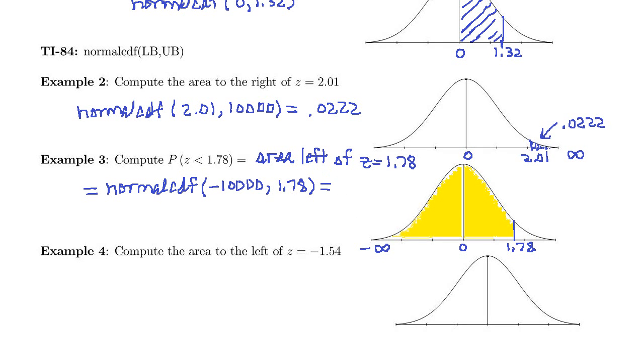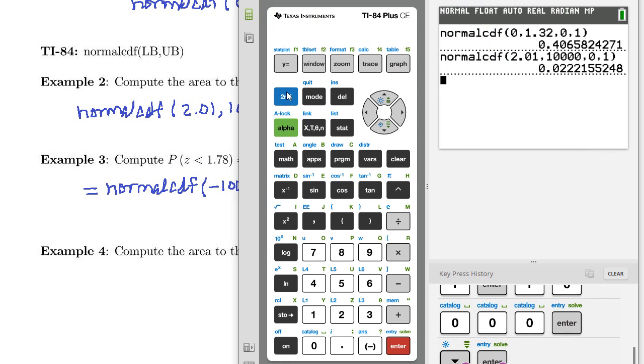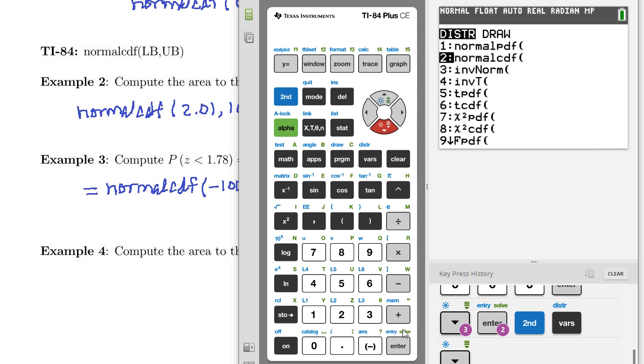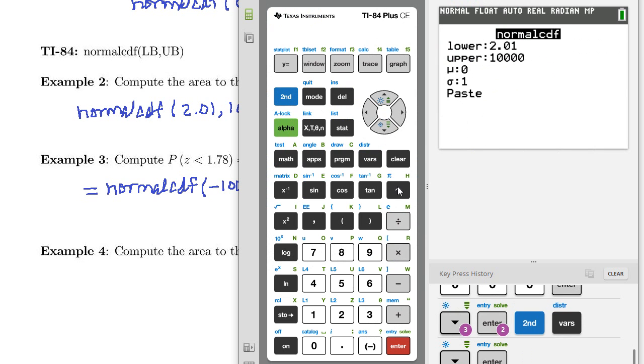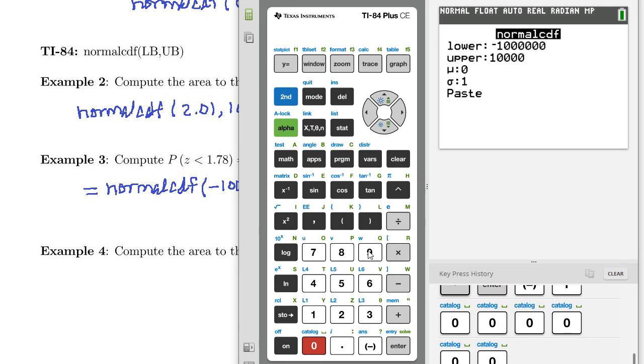Let's go ahead and key that in. So second variables, normal CDF, lower negative 10,000. Well, I got a couple extra zeros there, doesn't matter. Big negative number. Our upper, 1.78.